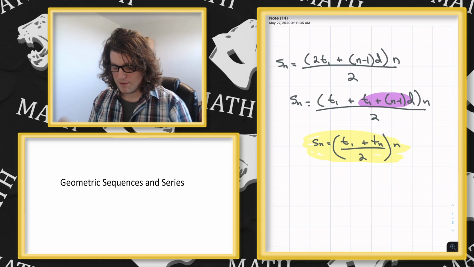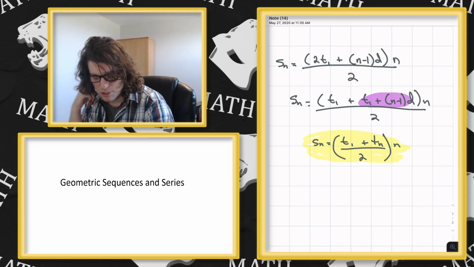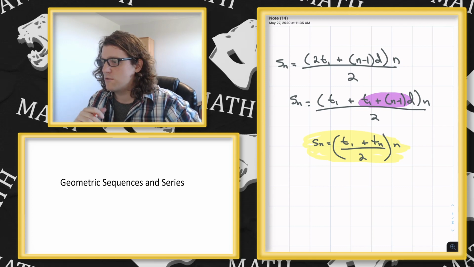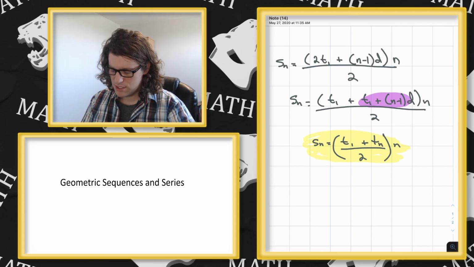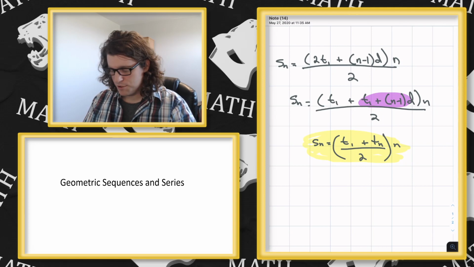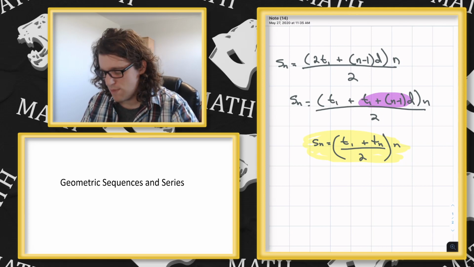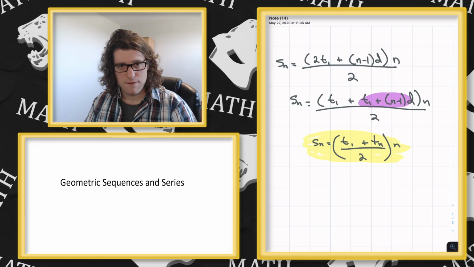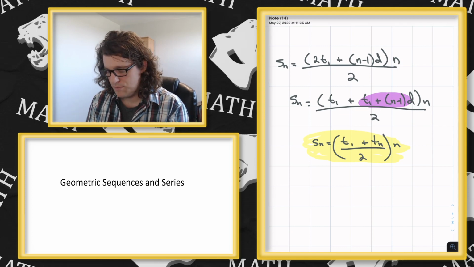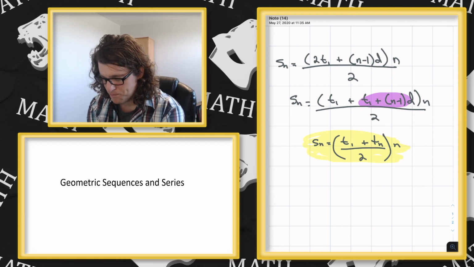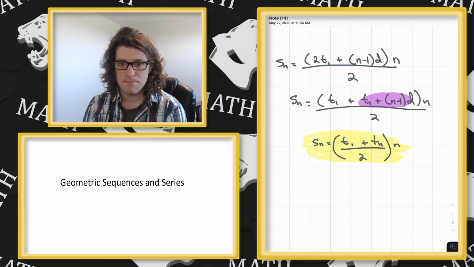It's really the same thing, just with a substitution in there, but it may be something that you wish to use instead. I think I just gave you the one in terms of t1, d, and n, which is a little more built on the basic building blocks of the sequence, but either one's good.